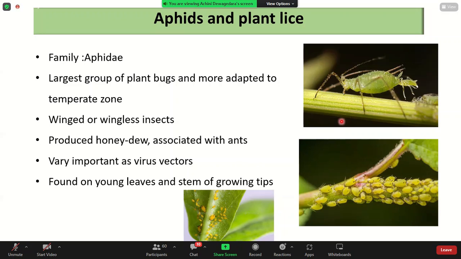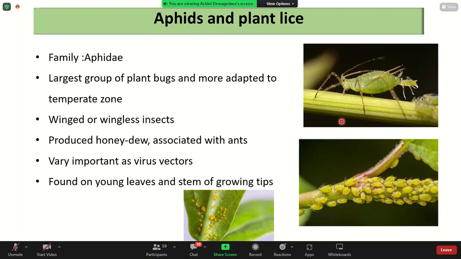One of the problems associated with insects with sucking mouthparts is they spread viral diseases. How does that happen? Now imagine a white fly attacking, we'll take a chili plant.